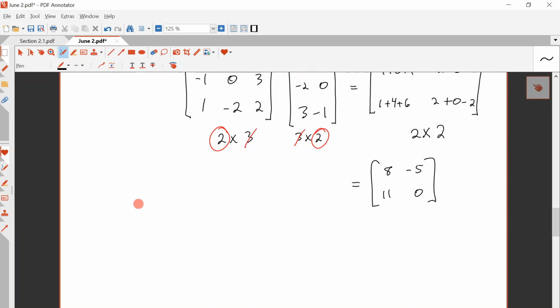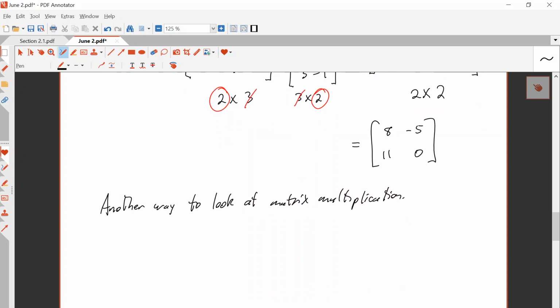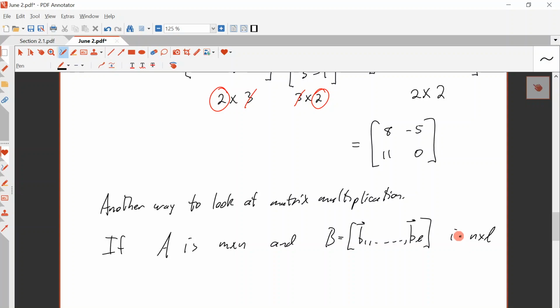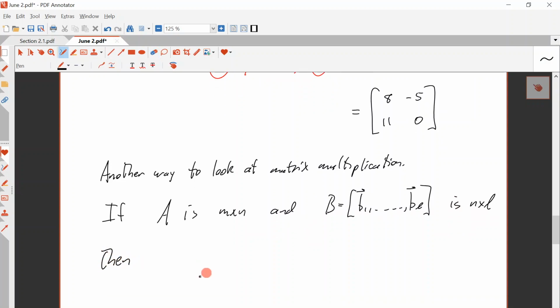Another way to look at it is as follows. If A is m by n and B is the matrix whose columns are B1 to BL, like that, is n by L. So we talked about a matrix times a vector back in chapter 1.